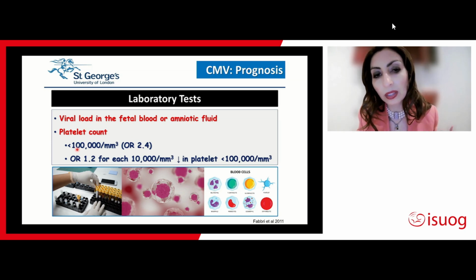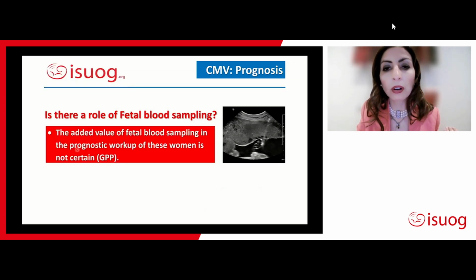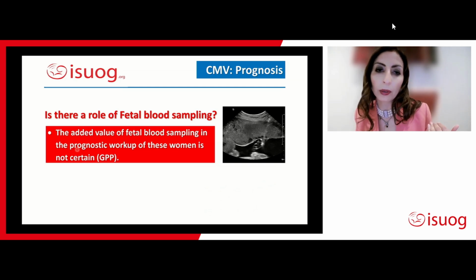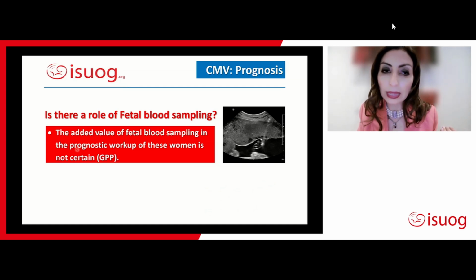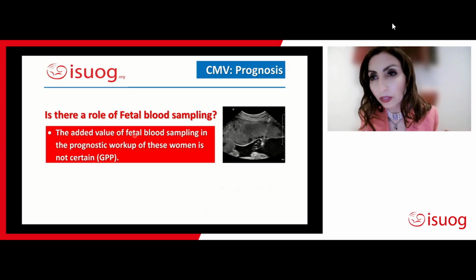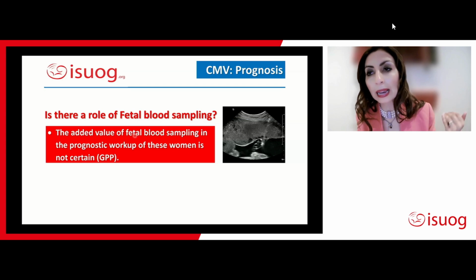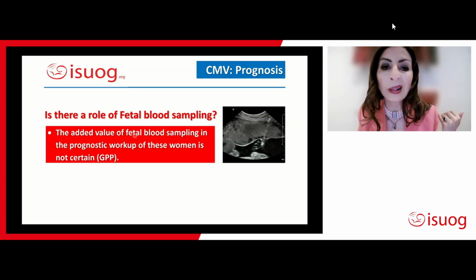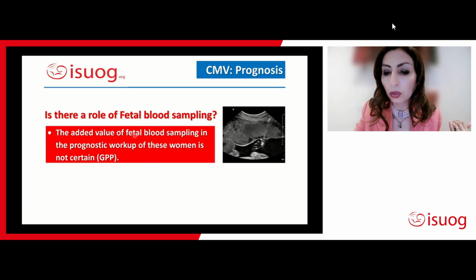We know that if you have a low platelet count, you have a higher risk of being symptomatic at birth. So back to the ISUOG guideline on the role of ultrasound in congenital infection: do we have to do fetal blood sampling? The answer is no, because if you already have other features that help you make the prognosis, maybe it's not essential to do fetal blood sampling.